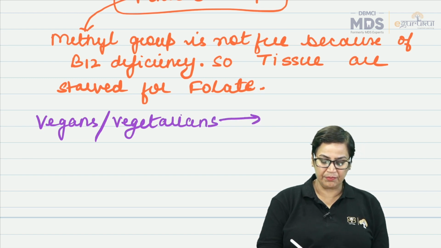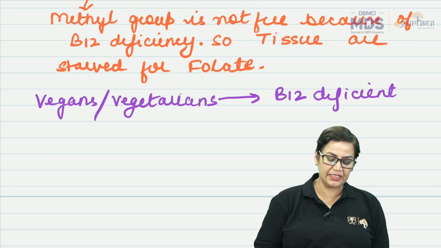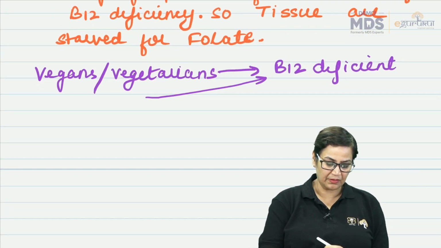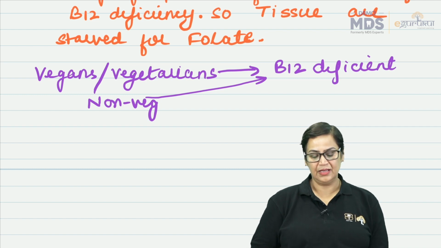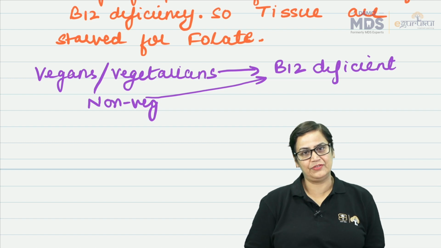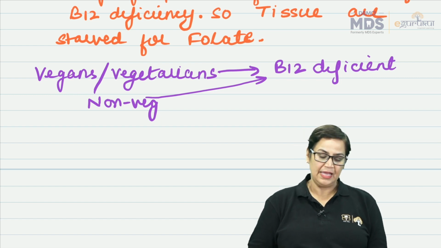They are B12 deficient because the richest source of B12 is non-veg, meat basically. So vegans are more prone to B12 deficiency, right? So this is again one of the very, very important points about B12.